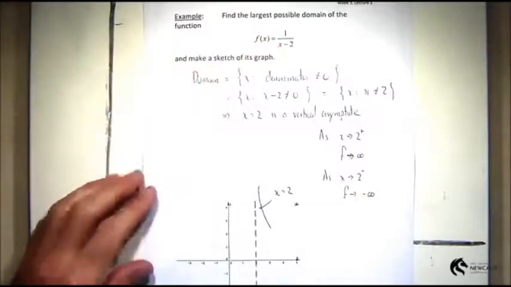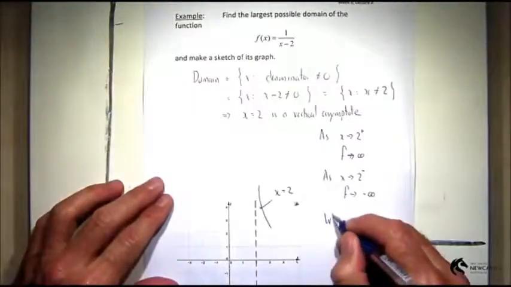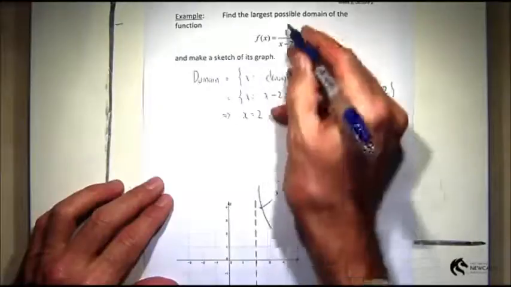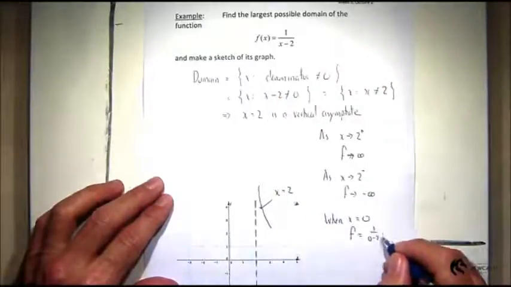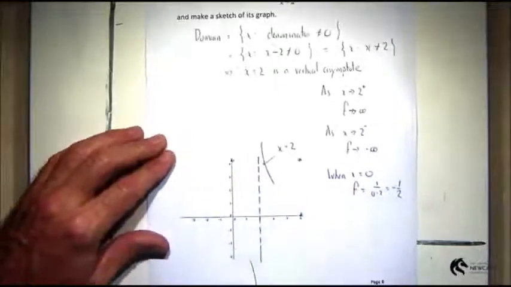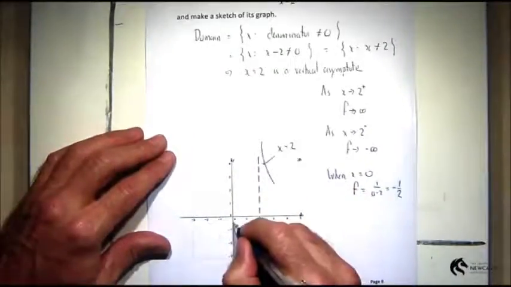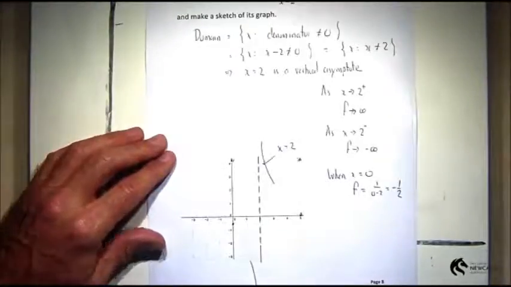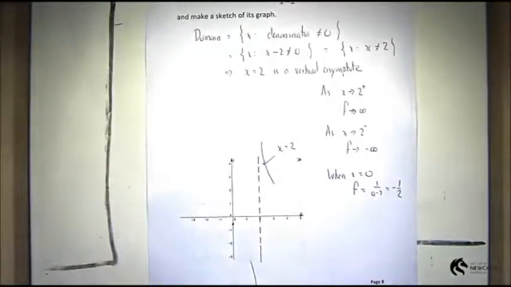So when x is equal to 0, f is equal to 1 over 0 minus 2, that's minus a half. So I know it goes through that point there. So I've got some idea of what the graph does.